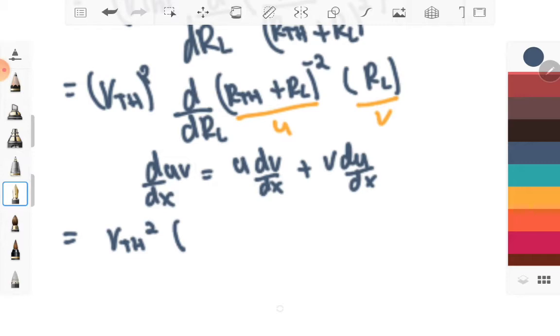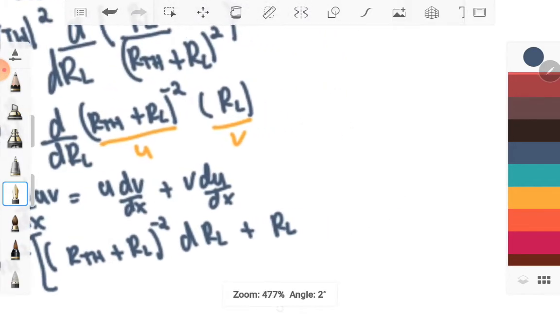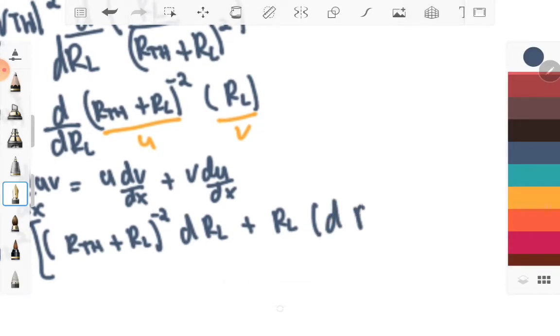So we have, u first, RTH plus RL raised to negative 2 times the derivative of our RL, or your v, plus our RL multiplied by the derivative of our u, which is the derivative of RTH plus RL raised to negative 2 with respect to dRL.